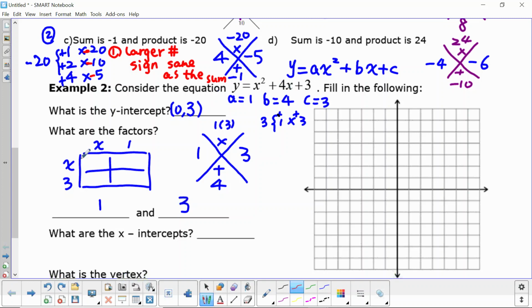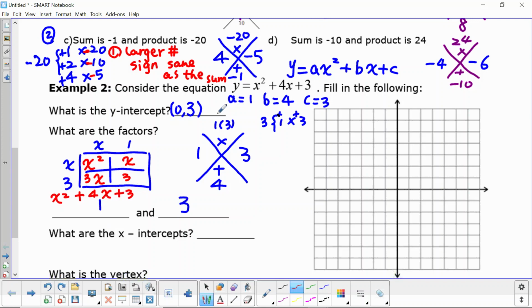So we multiply it. X times x gives you x squared. 1 times x gives you x. 3 times x gives you 3x. 1 times 3 gives you 3. Then we expand it, and you will have x squared plus 3x plus x is 4x, then plus 3.